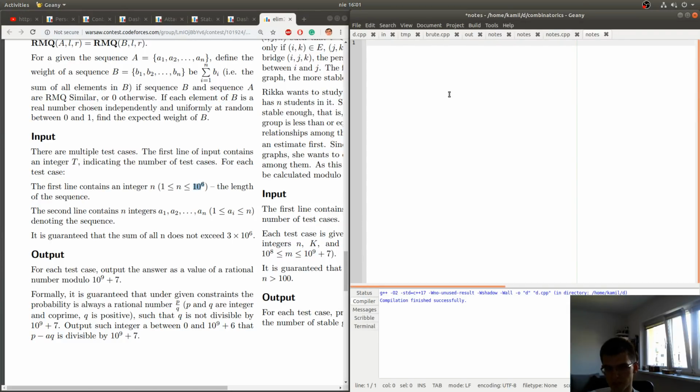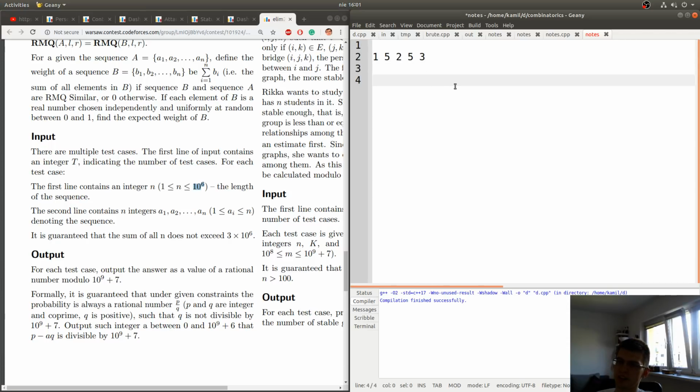Let's say that this sequence is 1, 5, 2, 5, 3, and somebody will generate a random new sequence of the same length where every number will be a random number from the interval between 0 and 1.